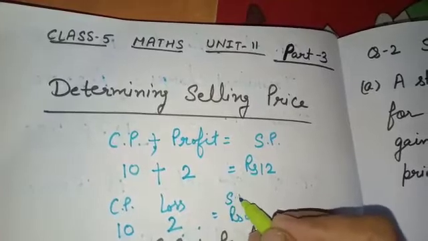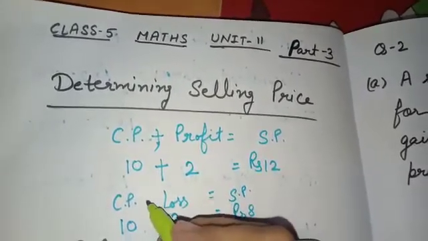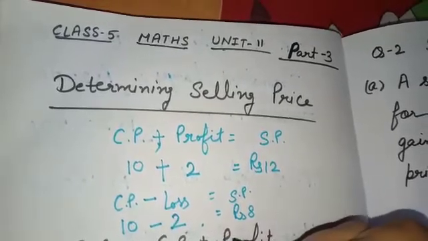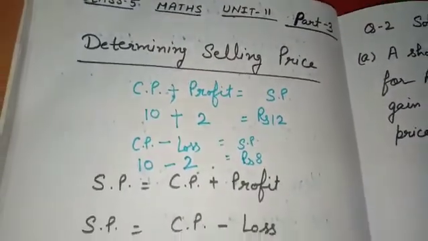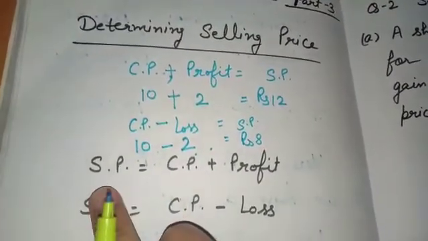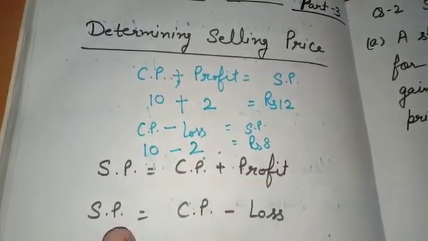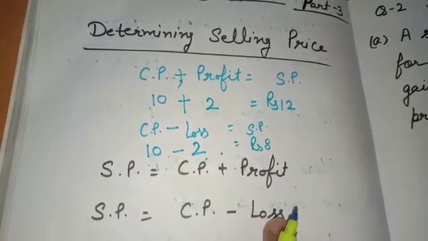This is the selling price of the pen. It means selling price equals cost price minus loss. Okay, these are the two formulas which we will use in this worksheet: selling price equals cost price plus profit, and selling price equals cost price minus loss.